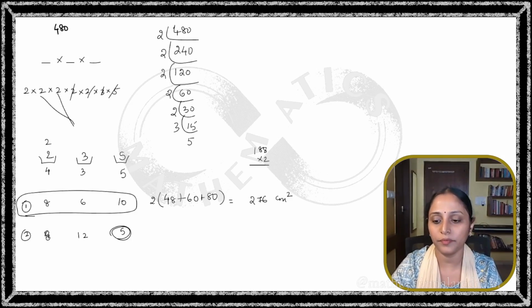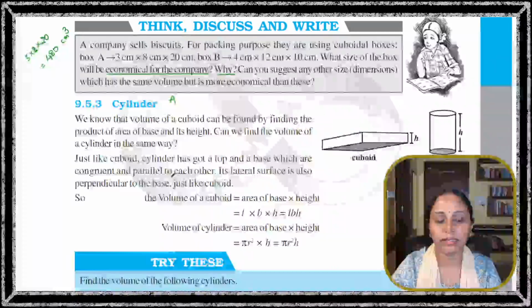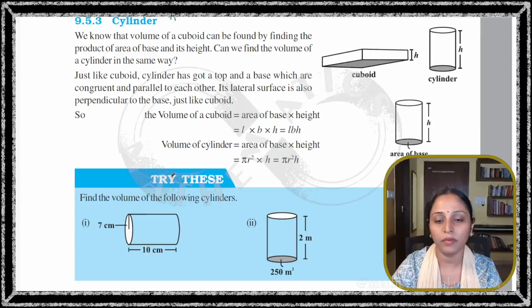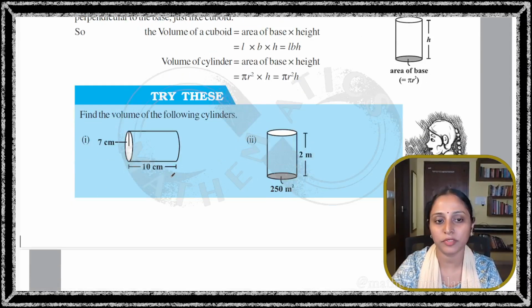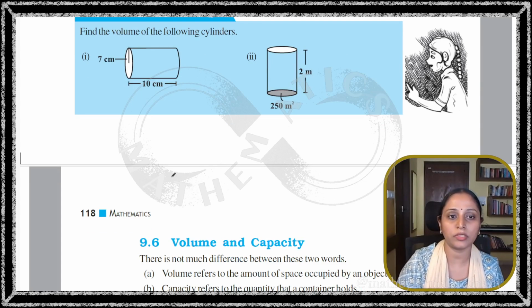So this answers our question of think, discuss and write, right? So going forward, we have already discussed the volume of a cylinder. They've asked some simple questions on these two cylinders.